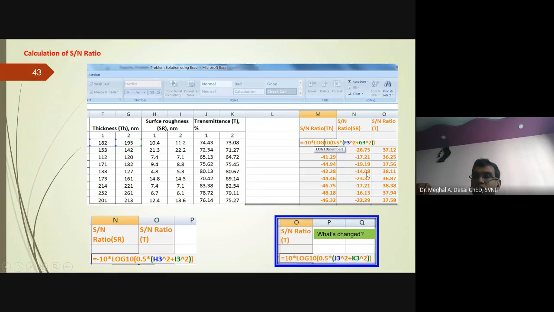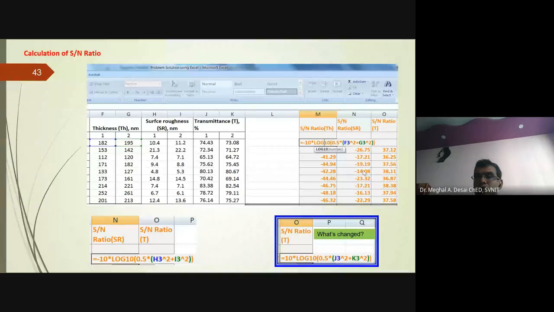A lesser value in negative is basically acceptable or is higher. Just suppose minus 1 is greater than minus 2. So minus 14 is very good, while minus 26.75 is not good. A signal to noise ratio having a lesser negative value is good.